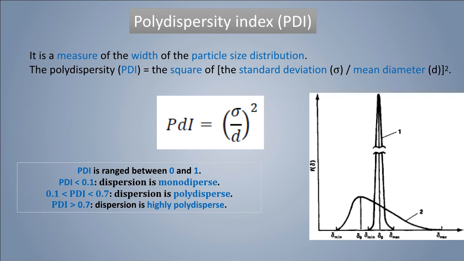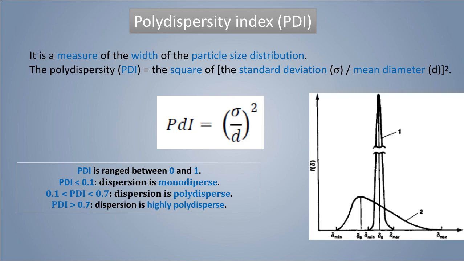There is a great variation in particle size, even if the average size is ideal, 10 nanometer, but the range is very wide, starting from 1 nanometer to 1,000 micrometer, maybe. And in between 0.1 and 0.7, it means that your dispersion is polydispersed, which may be acceptable or not acceptable based on your work and your target for use of this nanosuspension.